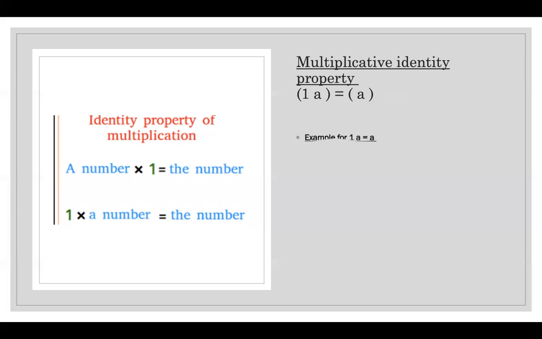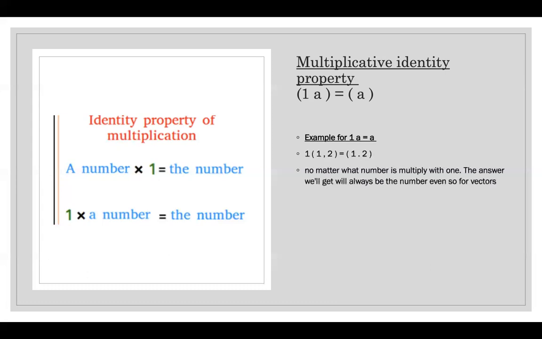The example that I gave for this one is 1 multiplied by (1, 2) equals (1, 2), because everyone knows basic multiplication. In basic multiplication, everything multiplied by 1 equals its original number.